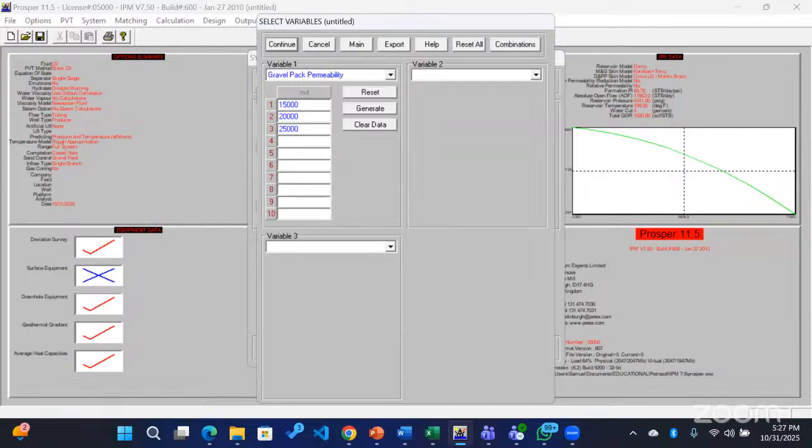Then you remember that I chose 30,000, so let's include it here. Who knows if that would be the optimum permeability. Let's have another one at that. So we're going to carry out system sensitivity based on these 5 different gravel pack permeabilities. So let's see what happens from here.